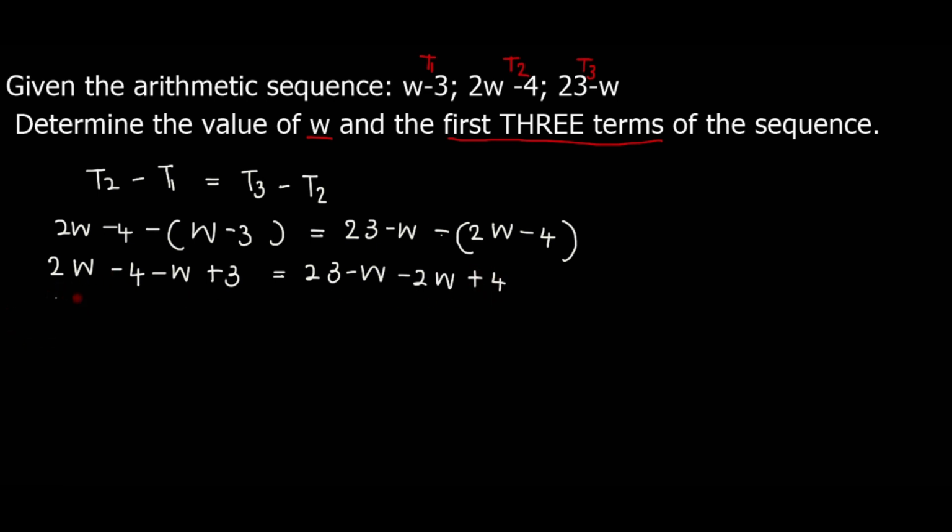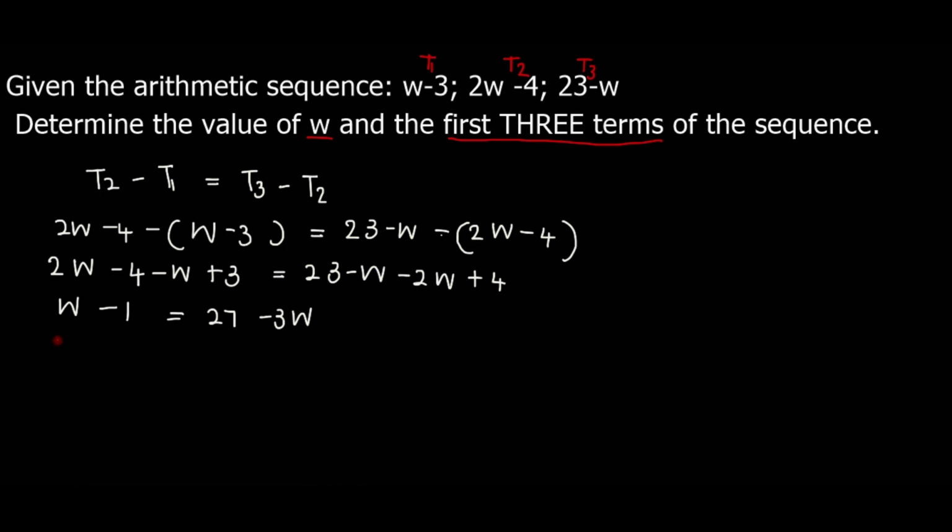So re add the like terms 2w and minus w over w, minus 4 plus 3, it's negative 1, and then 23 plus 4 is 27, minus 2w, so it's negative 3w. And then now we can group the like terms, w with w, and then a number with a number.